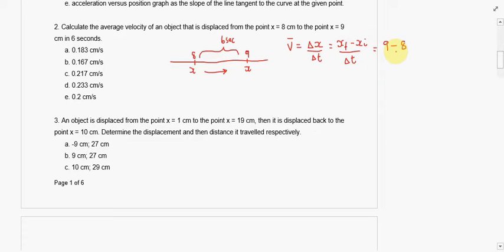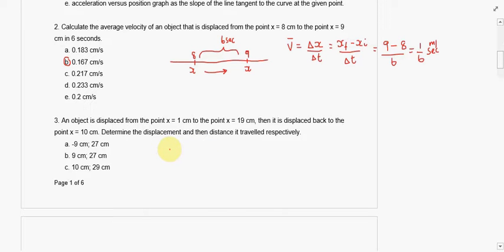The initial where I started from was 8, and the change in time was 6, so this should be equal to 1/6 of a meter per second, since we're dealing with the average velocity, so that should give you B.